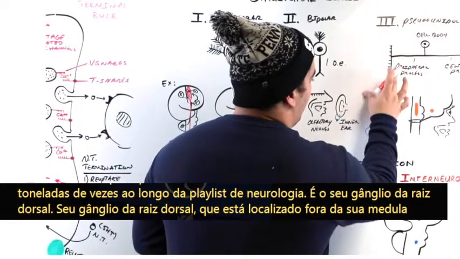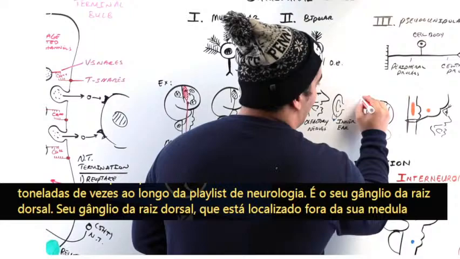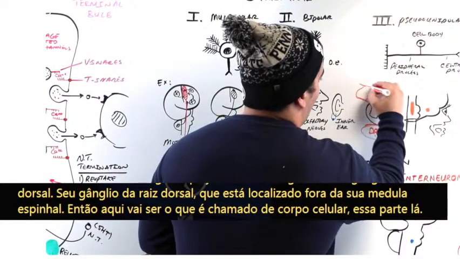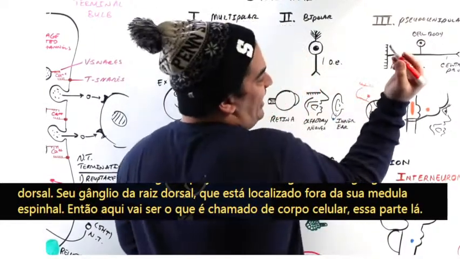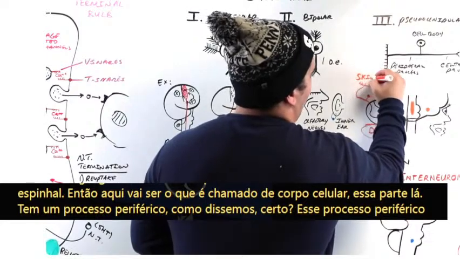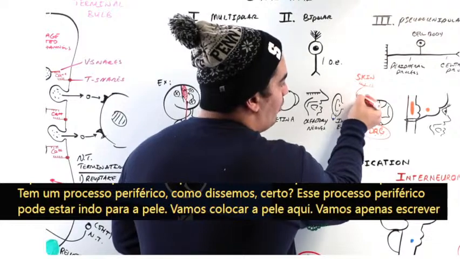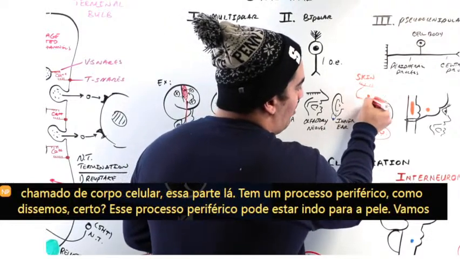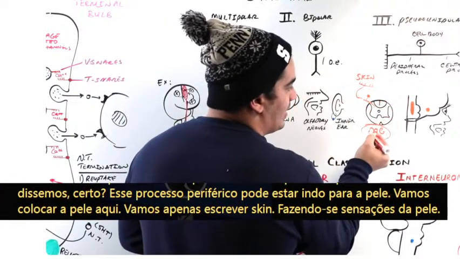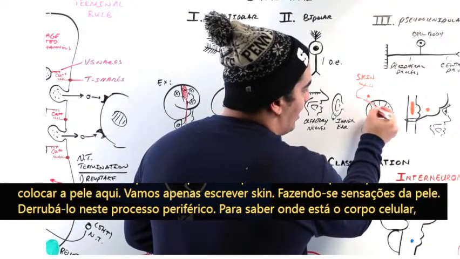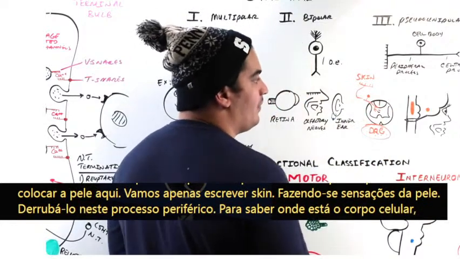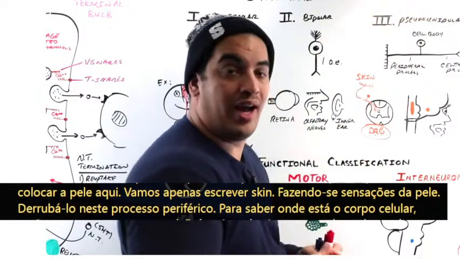It has a peripheral process, we said, right? That peripheral process may be going to the skin. Let's just write skin. Picking up sensations from the skin, taking it down this peripheral process to where the cell body is, then into the central process. And from here, it may synapse somewhere in your spinal cord or go up to your brain, okay?